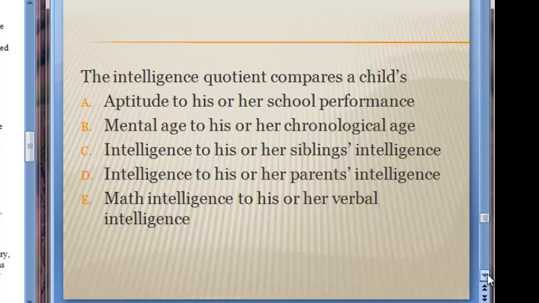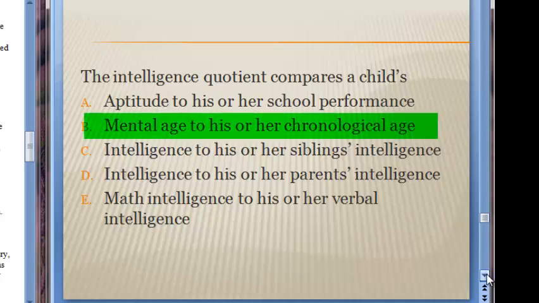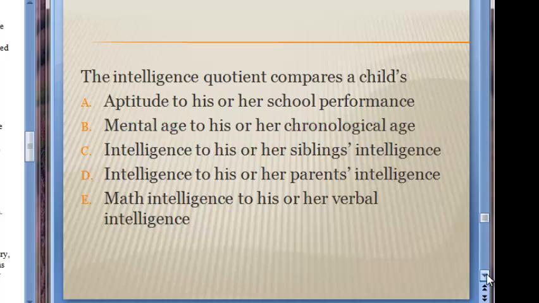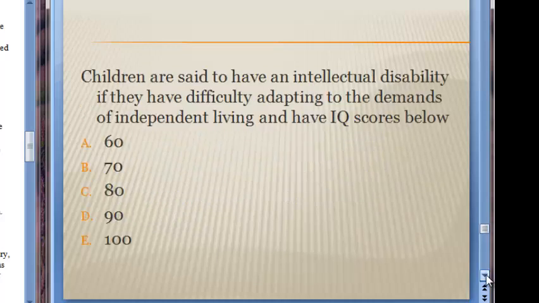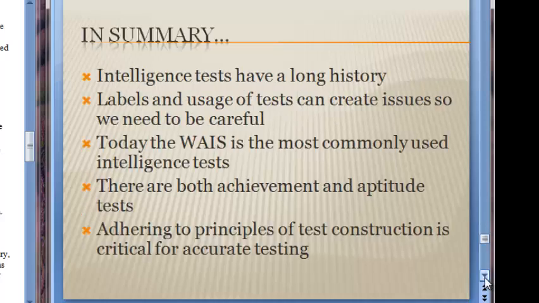The intelligence quotient compares a child's... Choose your answer. Children are said to have an intellectual disability if they have difficulty adapting to the demands of independent living and have IQ scores below... And choose your answer.